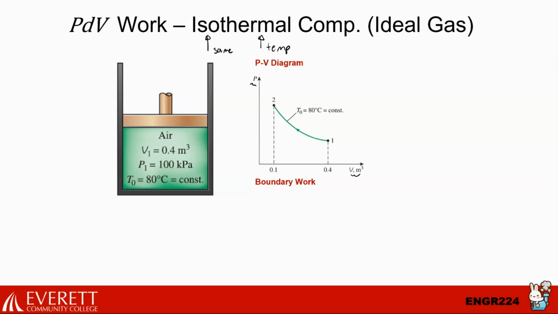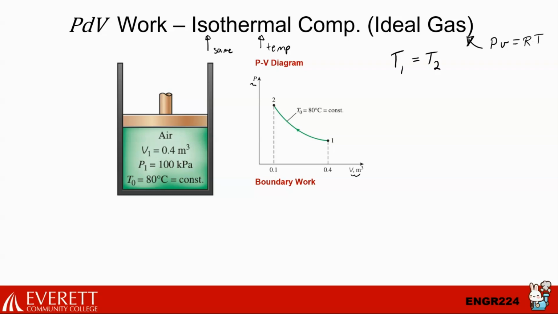So, constant temperature, so our T1 to T2 is the same. What that implies, if we're thinking about this from an ideal gas equation, is that we could write P little v equals RT.